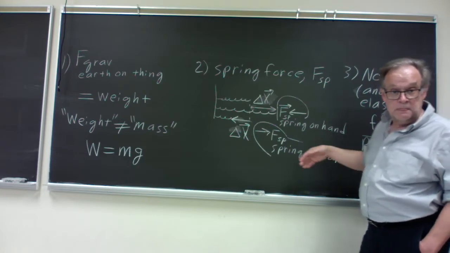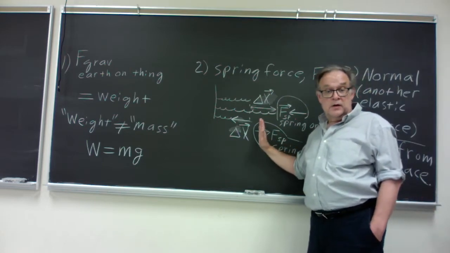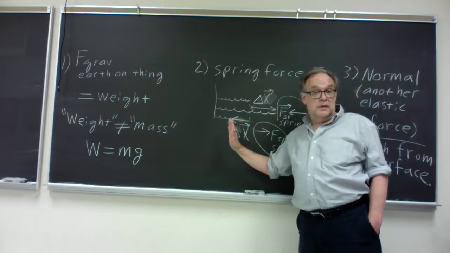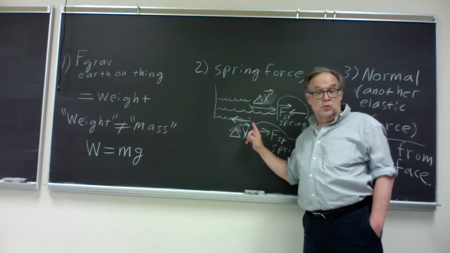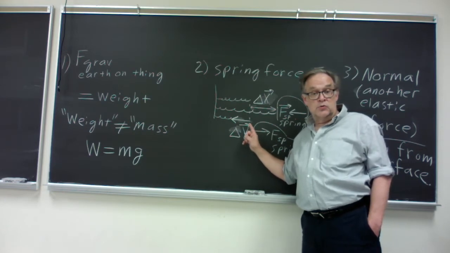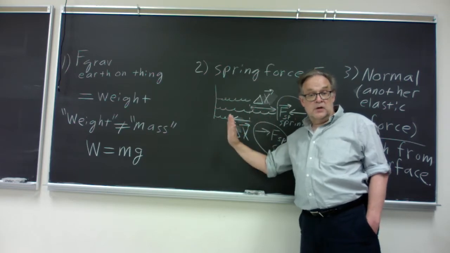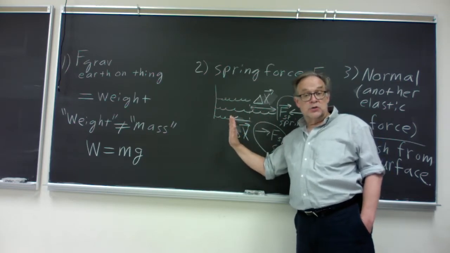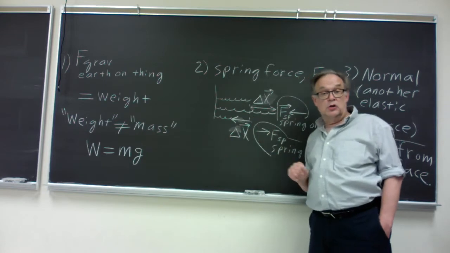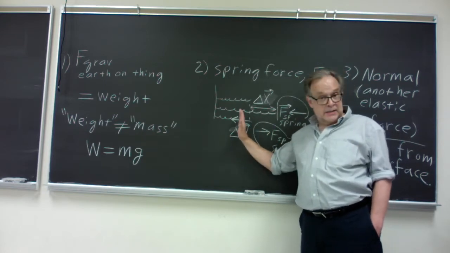Or similarly, if I push on the spring so that the right end of the spring now goes through a leftward displacement from here to here, the spring is squeezed, so it's going to try to snap back to its original longer length, but it can't snap back because I'm pushing on it.